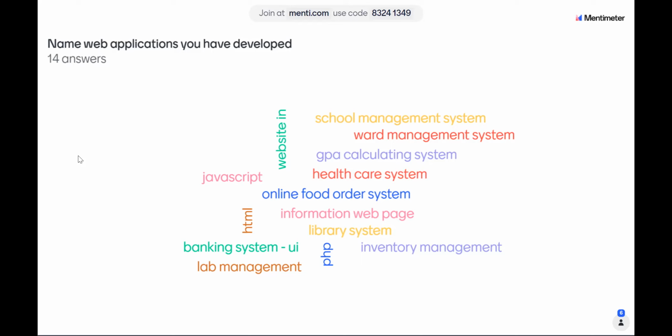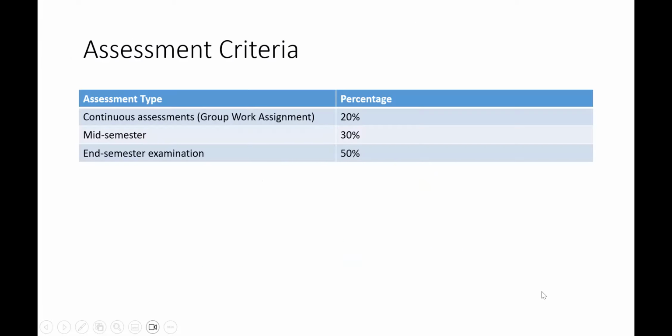We have library system, school management system, vote management system, GPA calculation, online food ordering system. Okay, so that's good. So which means we could now go back and see what we are supposed to do in this.